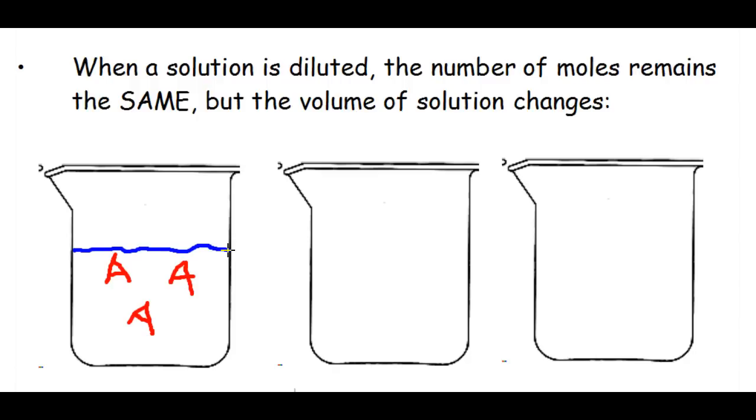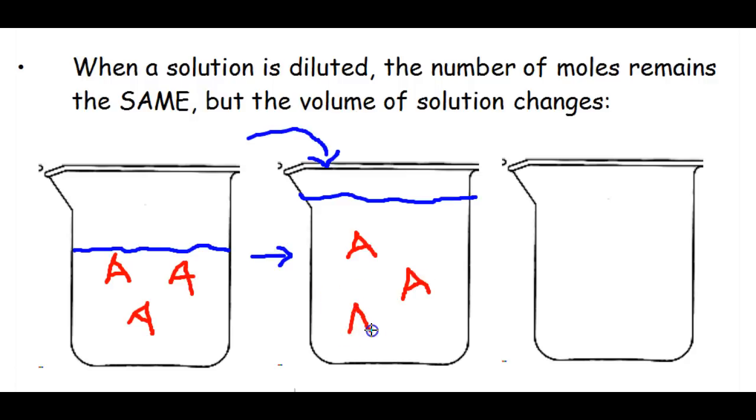Let's say then my next step, number 2, is that I add some water in there so that my new volume of solution is greater than what it was before. But because I haven't added any more particles of A to that solution, I still only have the same number of moles of particles, just in a greater volume of solution.